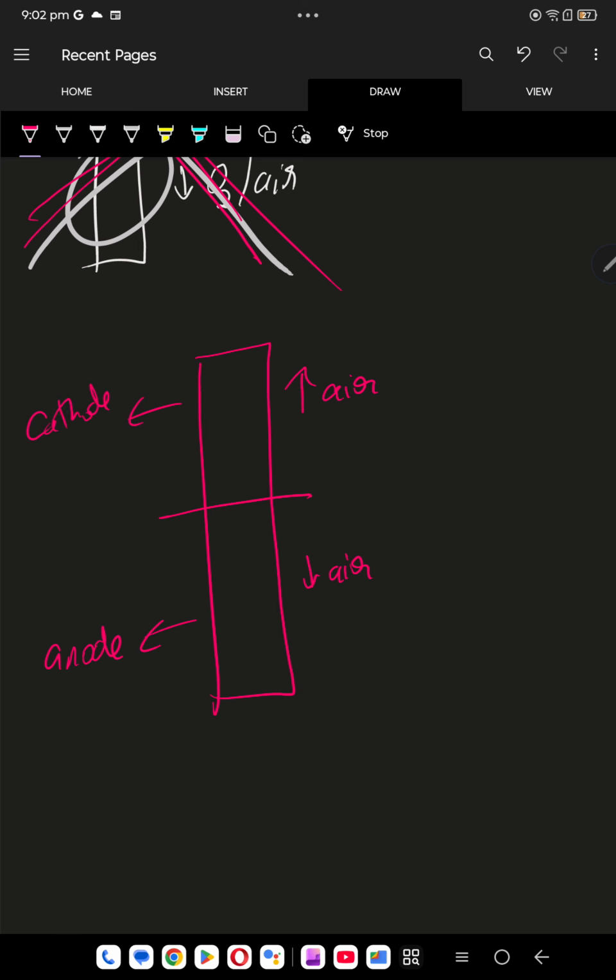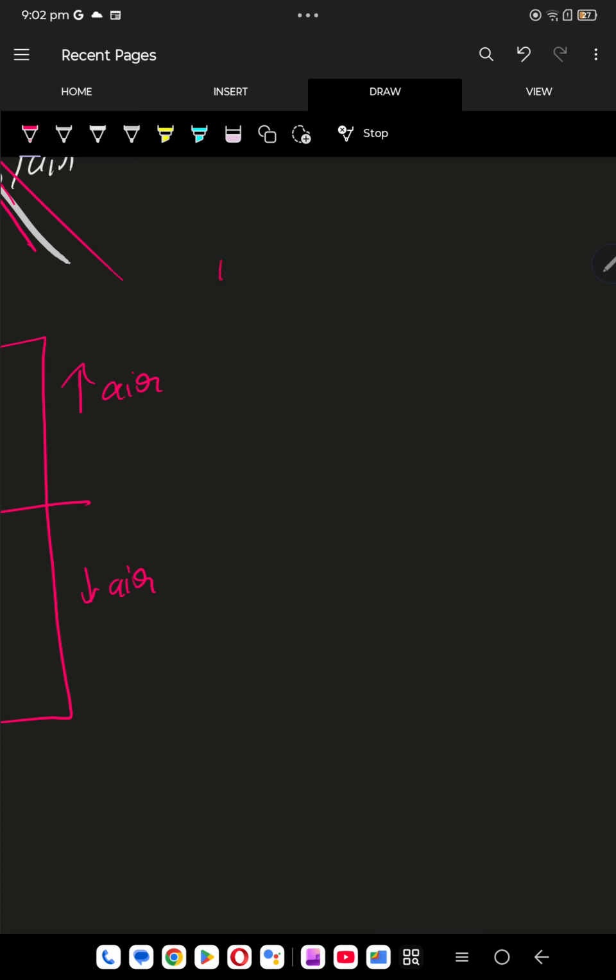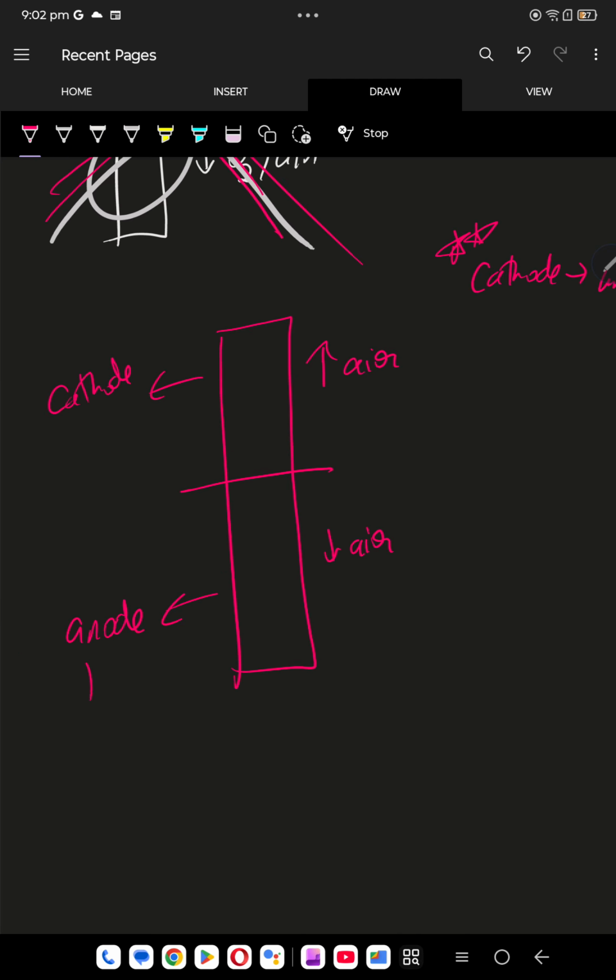Now what you have to understand is that there's a key role. I told it last time also. The cathode remains unaffected. Anode is going to undergo oxidation, and this will undergo corrosion. This is the basic concept.